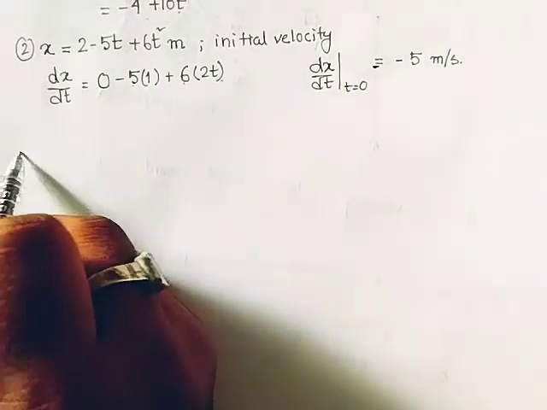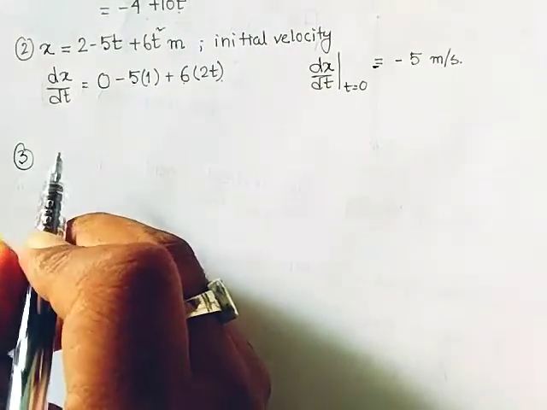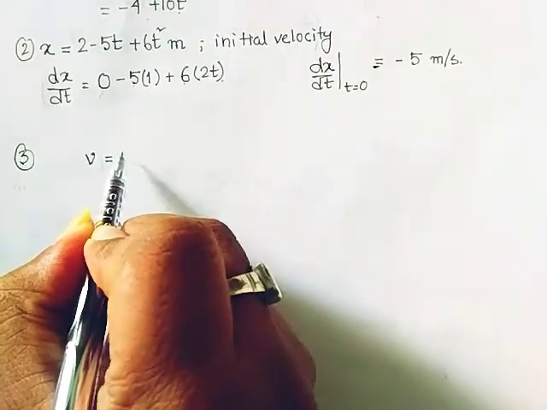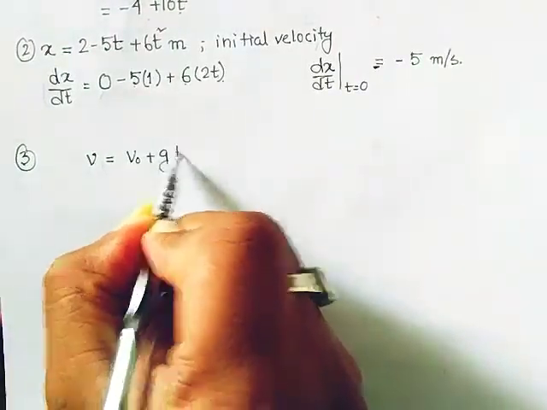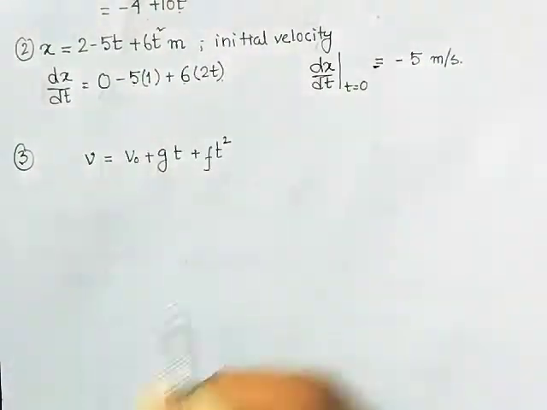The third question: the equation of motion of a particle can be denoted as v equal to v naught plus gt plus ft square.